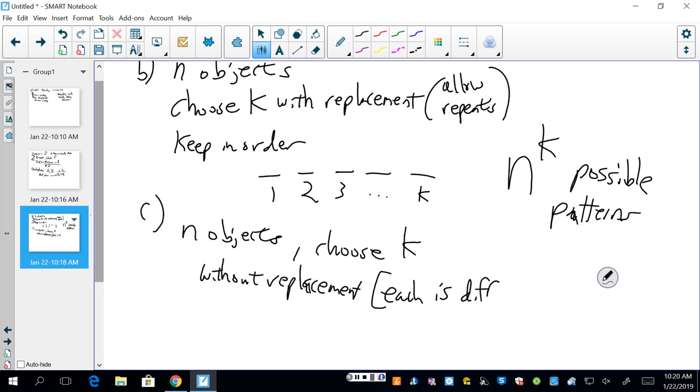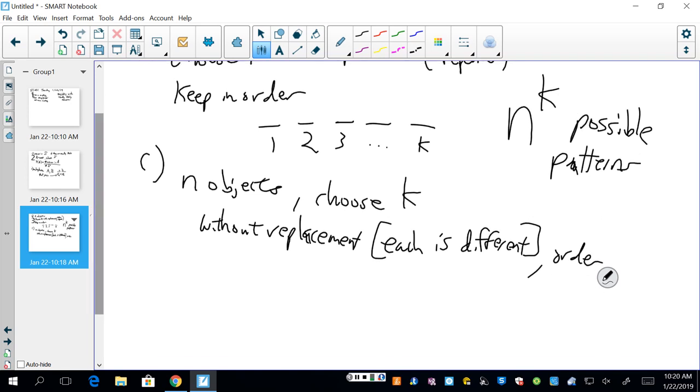Each is different. And we're going to keep these things also in order. We're going to have our first, our second, our kth all the way up. Then the number of choices becomes n times n minus 1 times n minus 2, dot, dot, dot, n minus k plus 1 is the number of choices that we get.